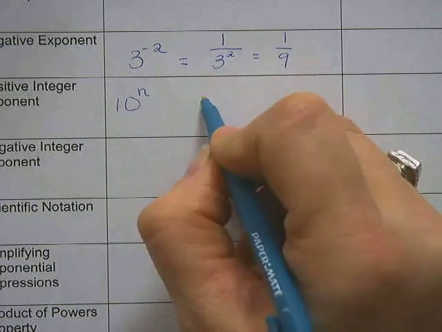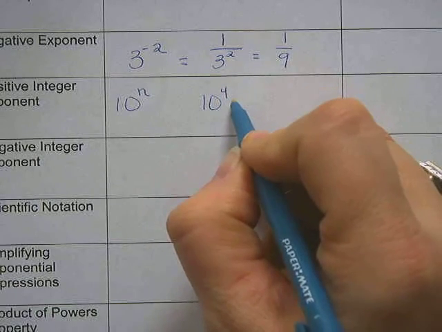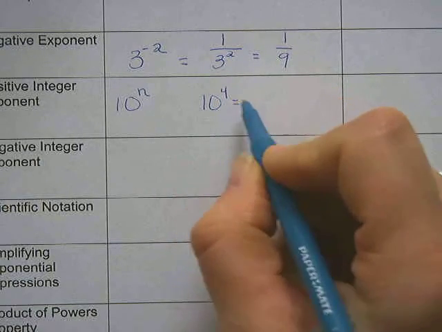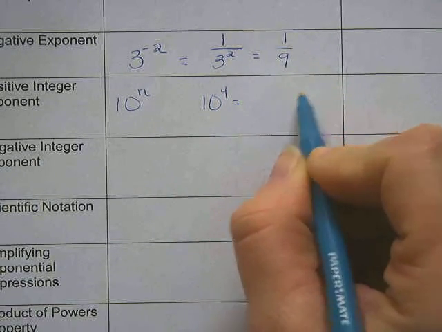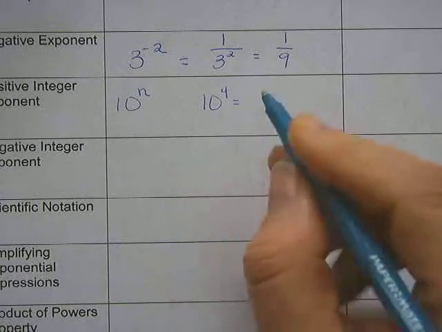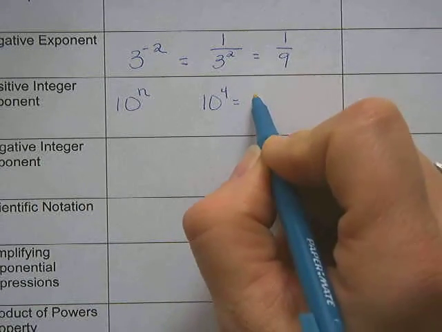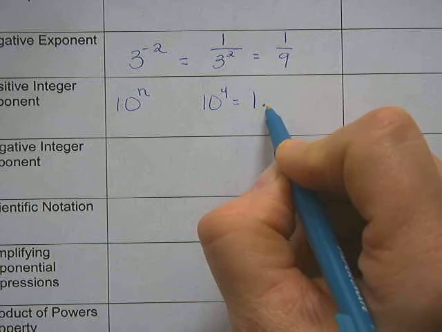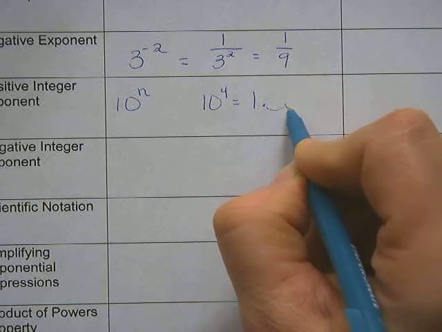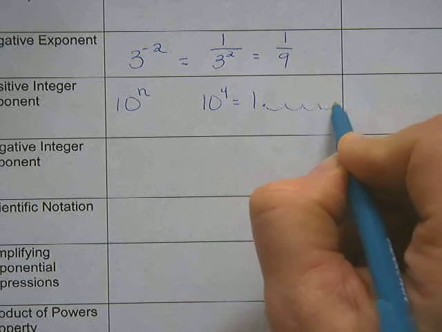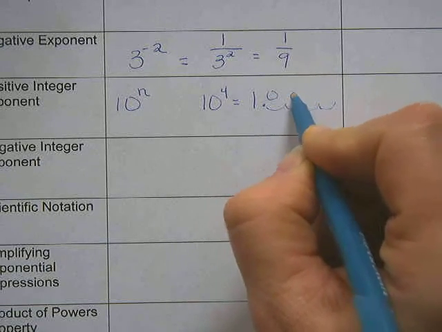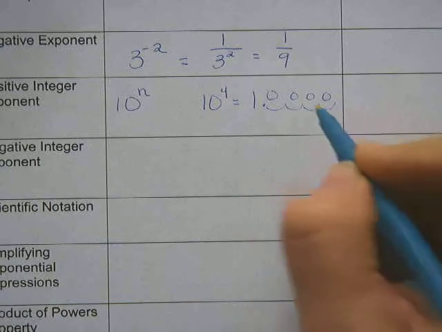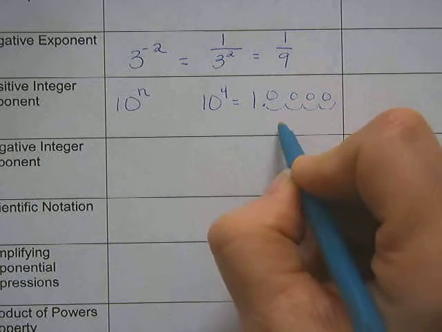Okay, so in our example, 10 to the 4th really means 10 times 10 times 10 times 10, 4 times. But by definition, it means start with the number 1, and we're going to move the decimal 4 places to the right. So this really becomes the number 10,000.